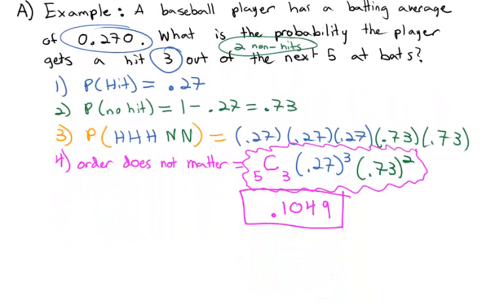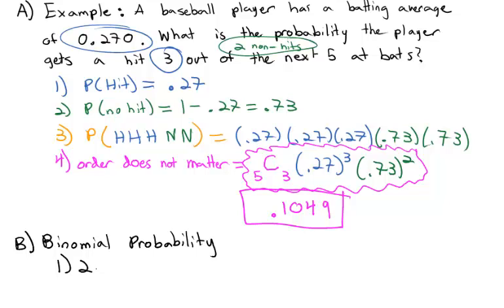This example that we just took a look at illustrates what is called a binomial probability. The idea behind a binomial, the prefix means 2. The binomial probabilities have 2 options. The only 2 options are success, which we represented in blue, or failure, which we represented in green.